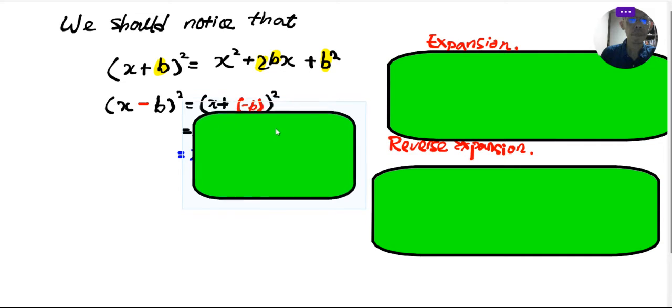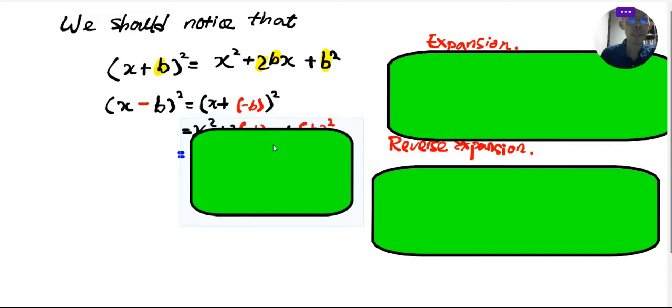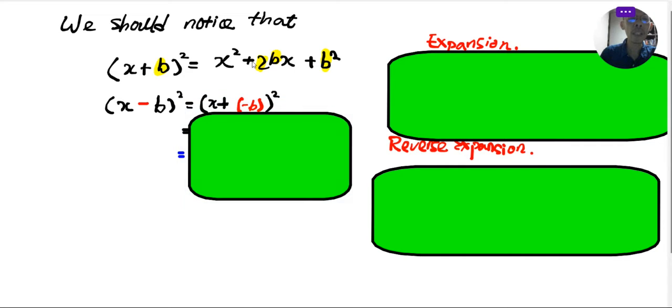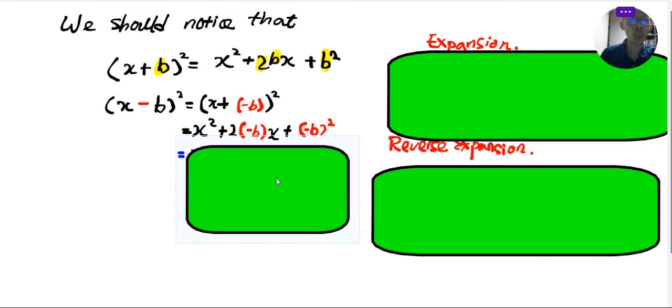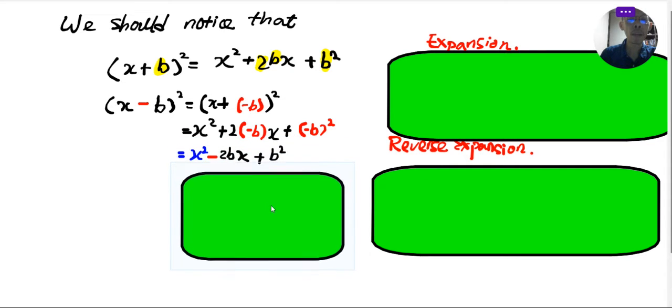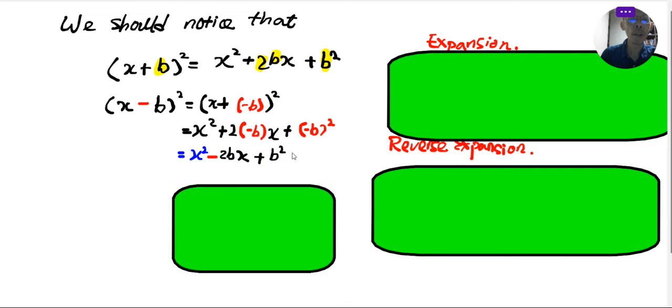So doing the expansion as above, I would obtain x squared plus 2 times negative b times x plus negative b, everything squared. By simplification, you will see that the third term, b squared, always has the same sign, the plus sign. It does not change. It always has the plus sign.